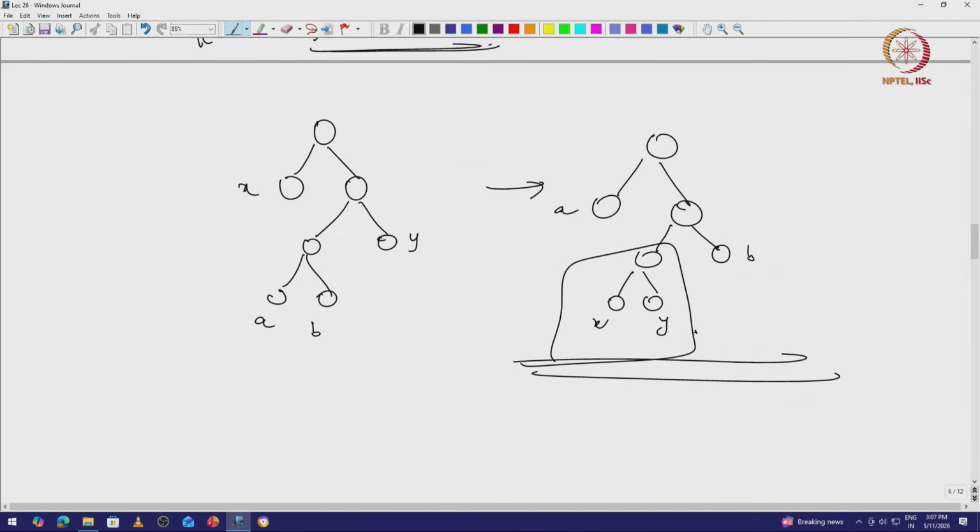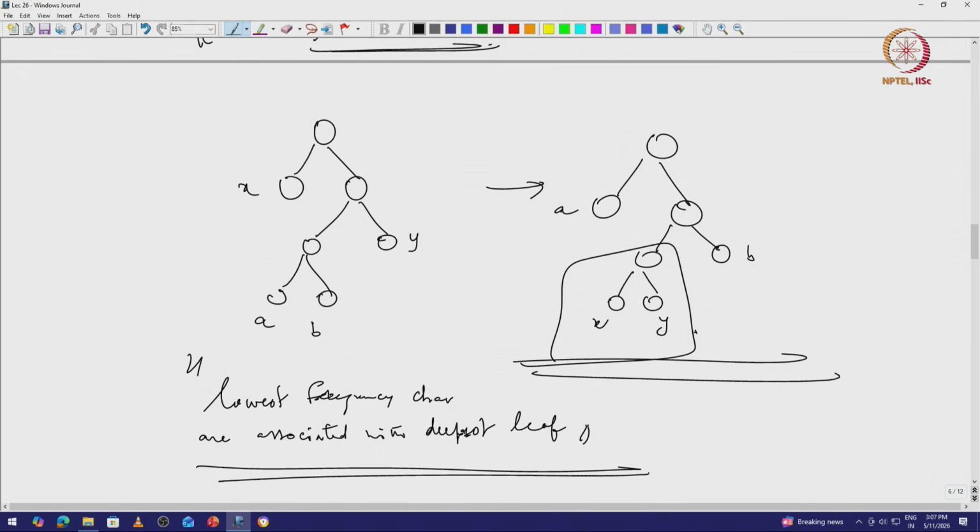That means the lowest frequency ones are associated with the deepest leaves. A very low frequency character is associated with a node that is very deep, therefore its code word may be long, that is okay.